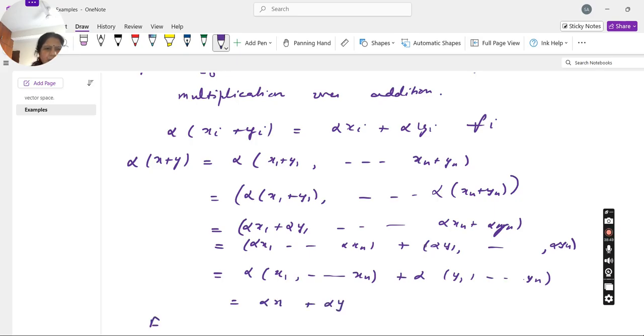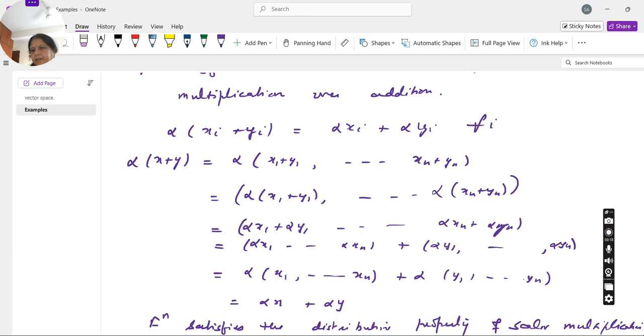That means Fn satisfies the distributive property of scalar multiplication over vector addition.